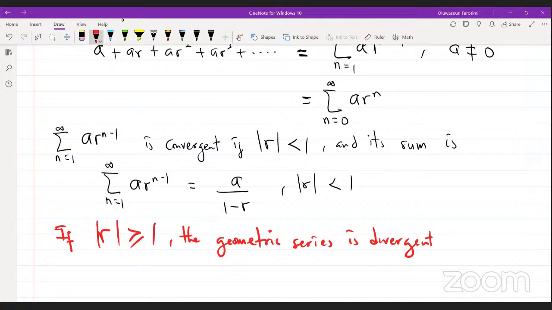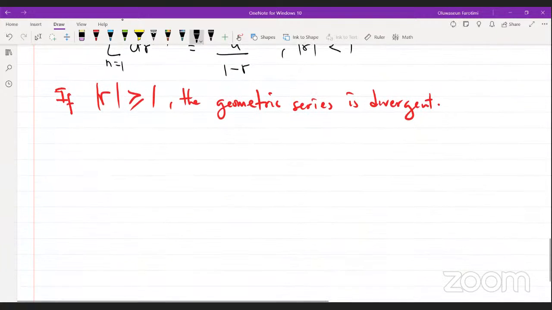Make sense? All right, so I think it's a good time to jump into some examples and see how it works.